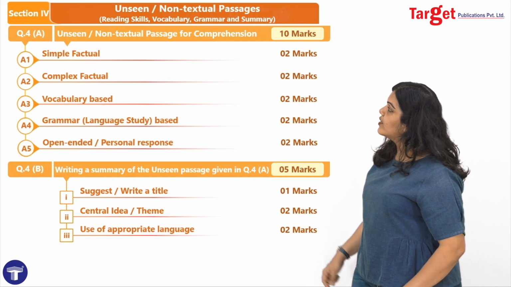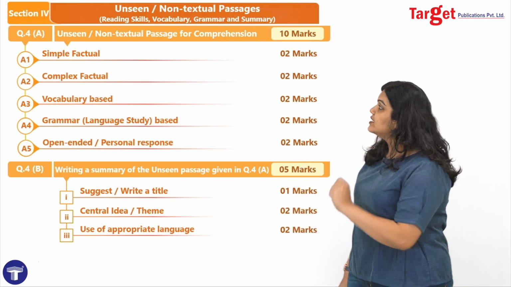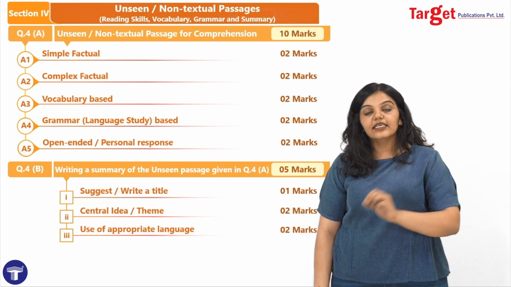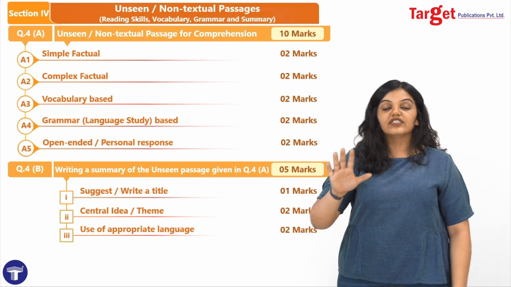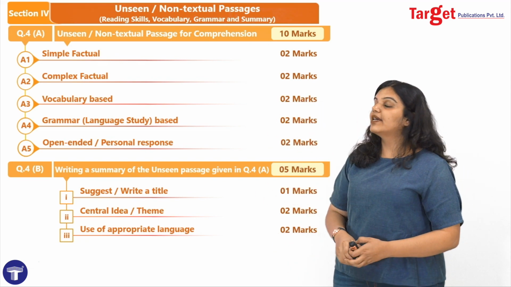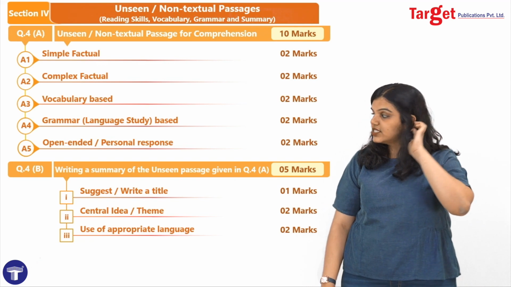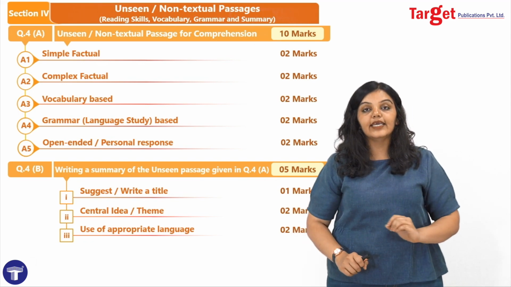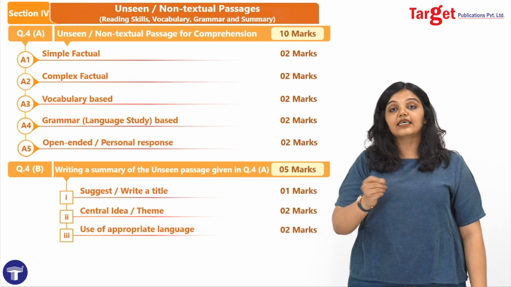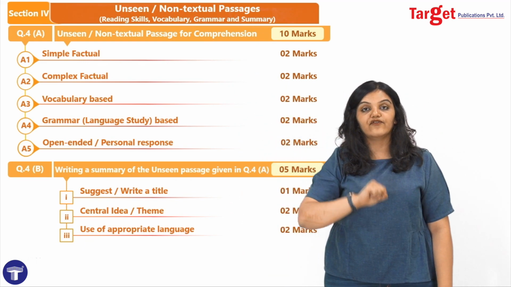Now, question 4a is based on the unseen or non-textual passage for comprehension. Again, this unseen passage also has 5 types of questions: simple factual, complex factual, vocabulary-based, grammar-based, and open-ended or personal response questions. And in question 4b, you have the question for summary writing. You have to write a summary of the same passage that has been given to you in question 4a.